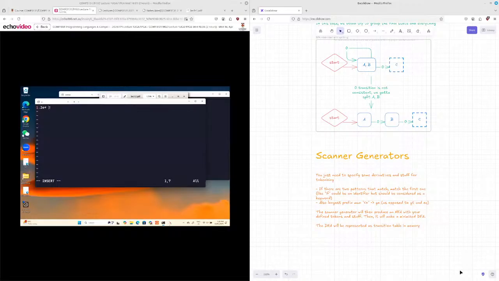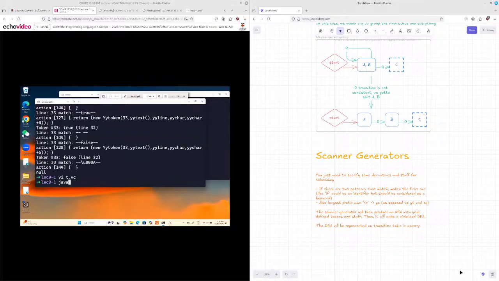Do you still remember this example I used to explain the backtracking? If this is the input given, we are supposed to return 1.2. There's the first token E, the second plus, the third. We throw away the space and we return the last one. The point is that we do the backtracking. We start from one, and we wouldn't know which the first token will be until we are here seeing the blank space. Now you see how this works.